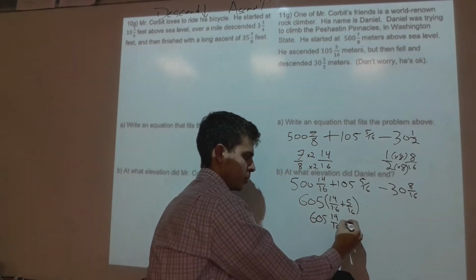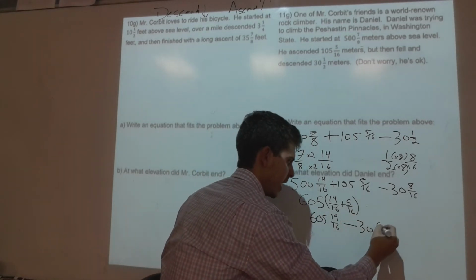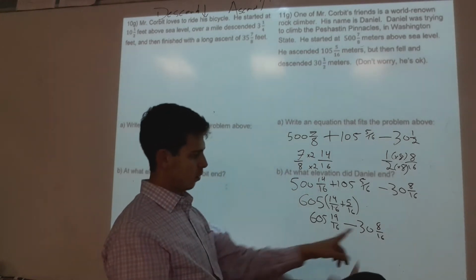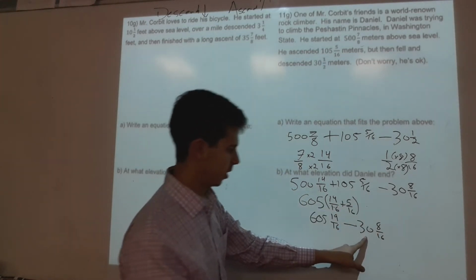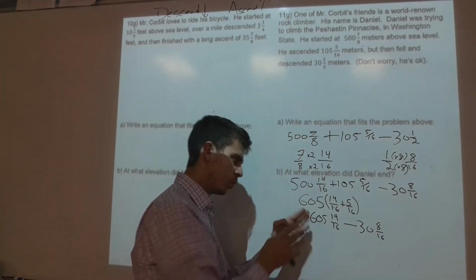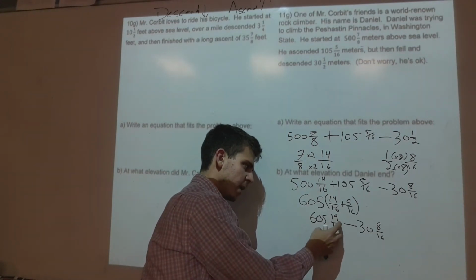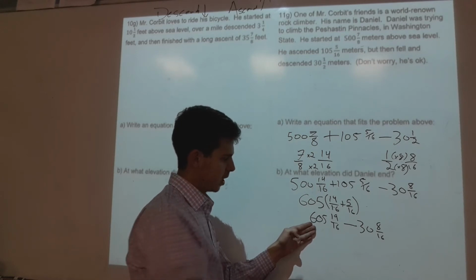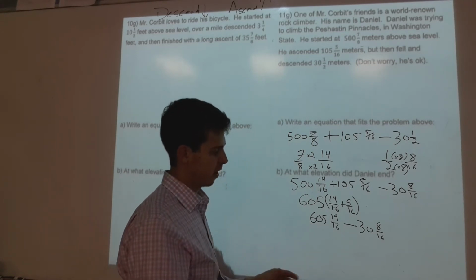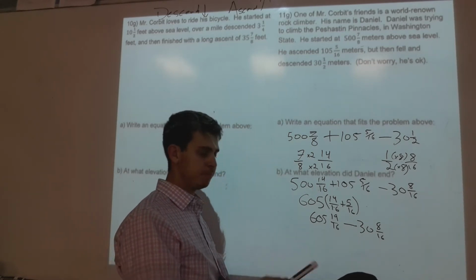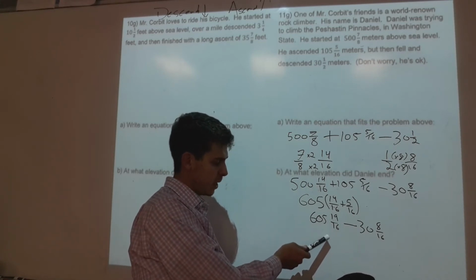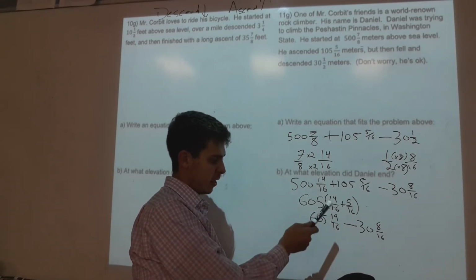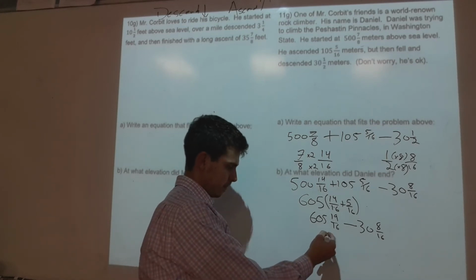Now we're just going to subtract the 30 and 8/16. Now, why did I go straight to here? My question is, why did I not take this improper fraction and make it a mixed fraction and add that 1 back to the 605? The reason why is because it would have given me 606 and 3/16.